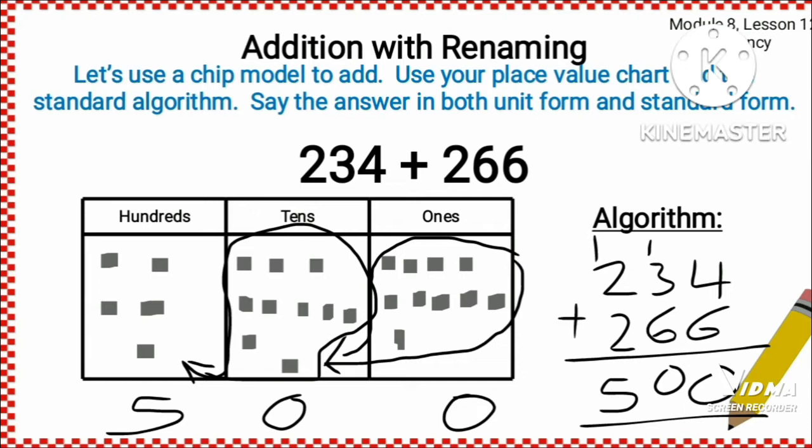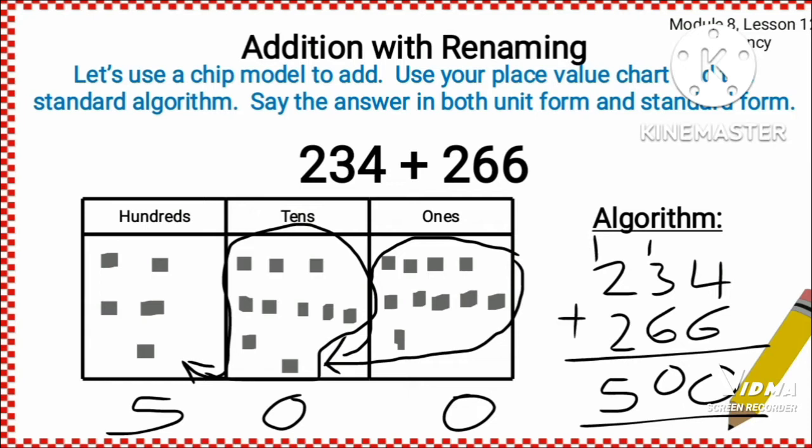So you see in my solving, I represented 234, that is 2 chips in the hundreds, 3 in the tens, 4 in the ones. And then the second number, 2 in the hundreds, 6 in the tens, and 6 in the ones.